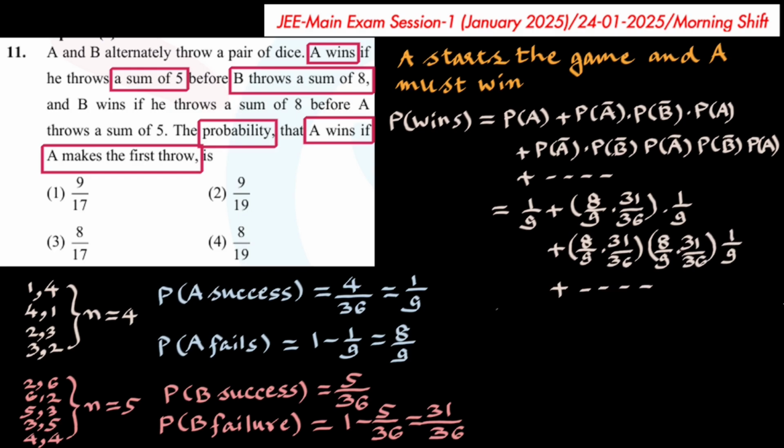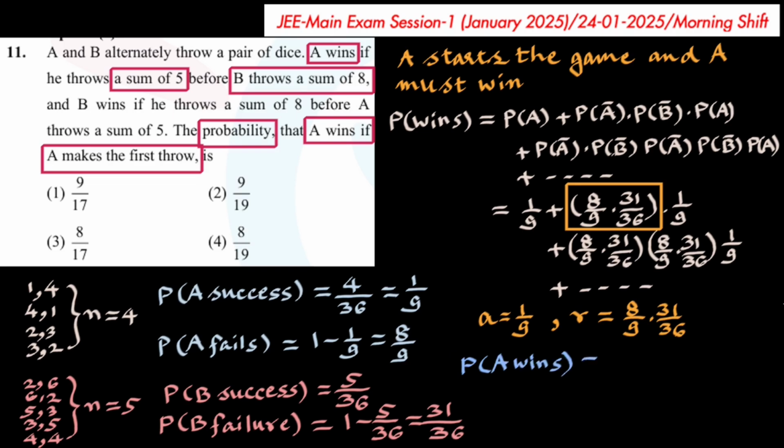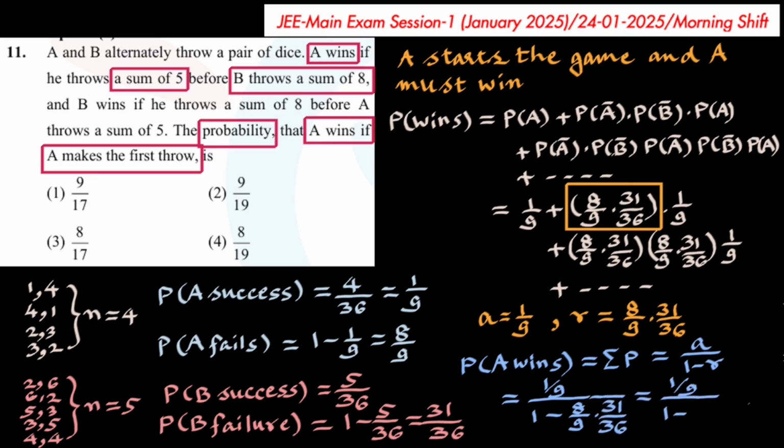This is an infinite GP whose first term A is 1 upon 9 and common ratio R is 8 upon 9 into 31 upon 36. So the probability that A wins the game is the sum of all probabilities, A upon 1 minus R, which is 1 upon 9 upon 1 minus 8 upon 9 into 31 upon 36, 1 upon 9 upon 1 minus 62 upon 81.